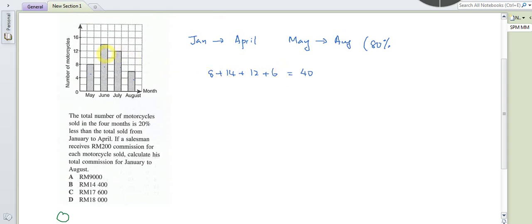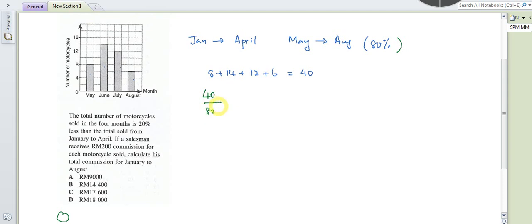Okay, so now we know that this is 40, and just now, because the question tells us that the total number of motorcycle sales in these 4 months is 20% less than here, it means that this is only 80% of this. So we take the total number of motorcycles divided by 80.